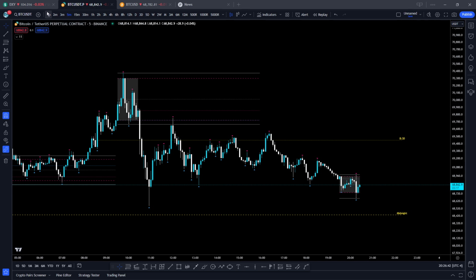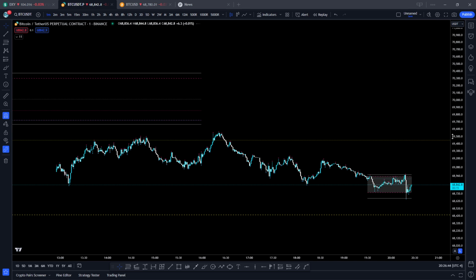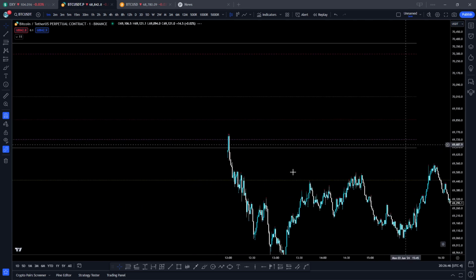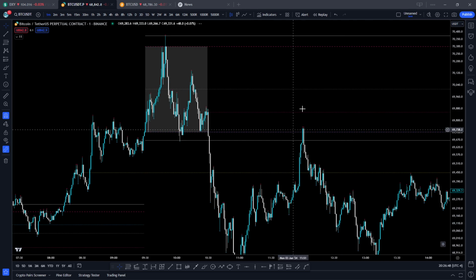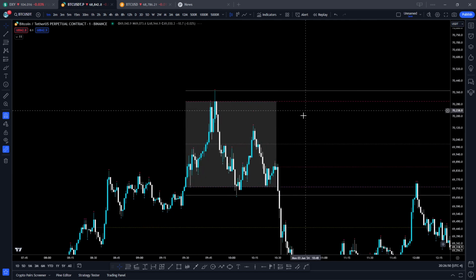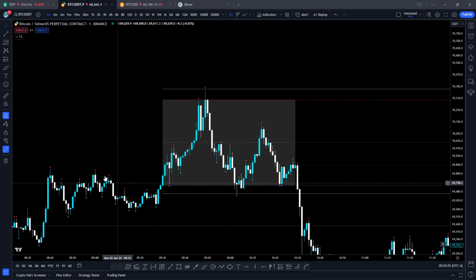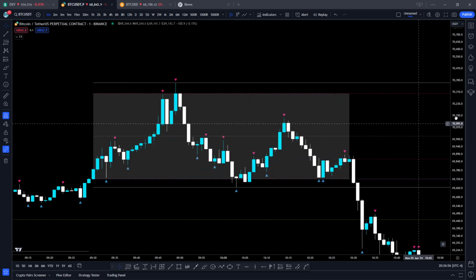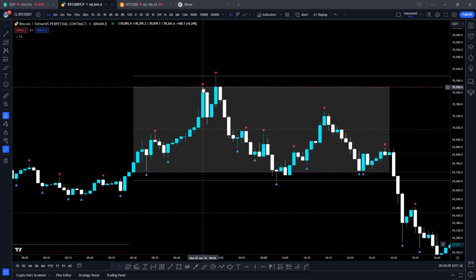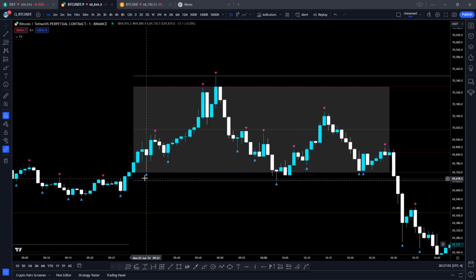So if I drop down to the 1 minute, I can even get rid of this stuff if I wanted to, but let's just not worry about that right now. So drop down to the 1 minute. These arrows are kind of hard to see. These arrows at the top of the candles are showing highs and lows.